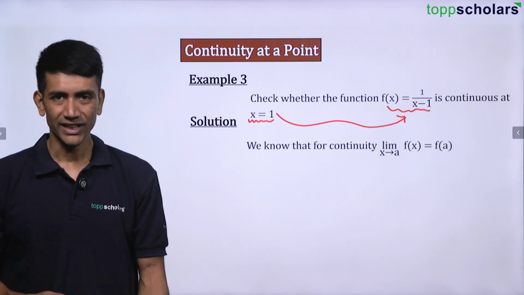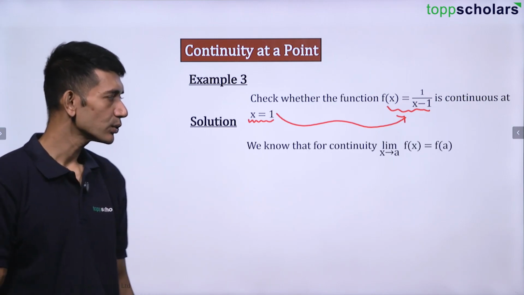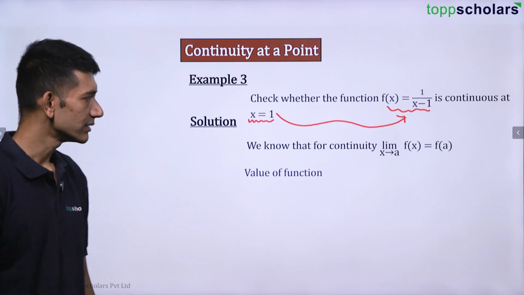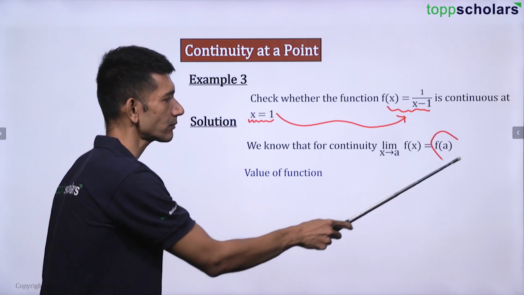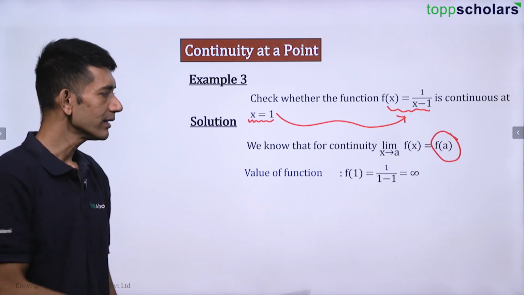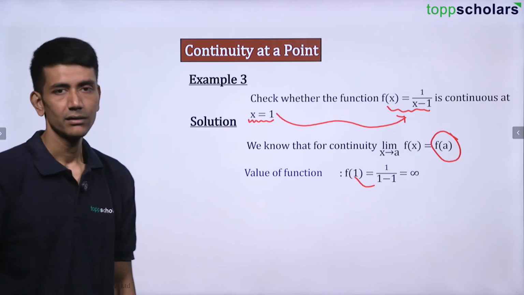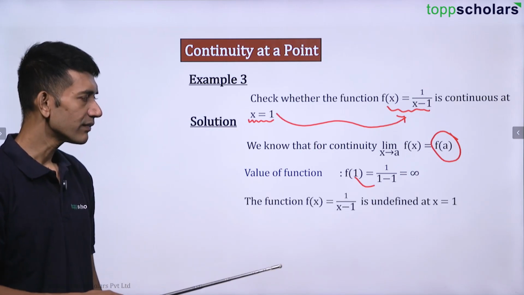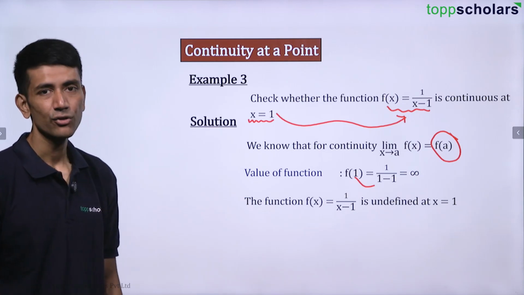So we know that for checking the continuity, the limit as x tends to a of f(x) should be equal to f(a). So here, the value of the function, that is f(a), is what? f(1), which is 1 minus 1 in the denominator, and that gives you infinity. So can I say this function itself is undefined at x = 1?